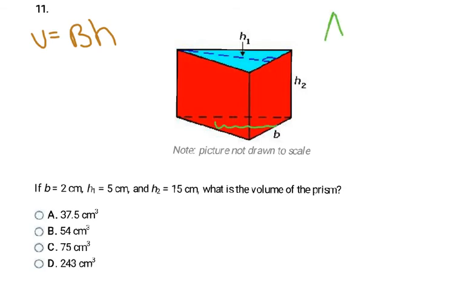And so the area formula for a triangle is 1/2 base times height. And so I'm going to have 1/2 times the base, which they tell us in the problem is 2, times the height of the triangle, which is going to be h1, which is 5.